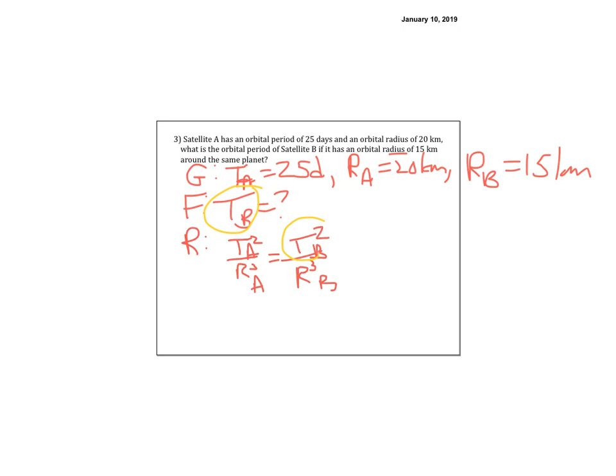I need to solve for TB without the square there. So the first thing I'm going to do is multiply both sides by RB cubed, right? Because that'll get rid of this RB cubed, and that'll get rid of this RB cubed. That doesn't look much like a B, does it? There, looks a little more like a B.